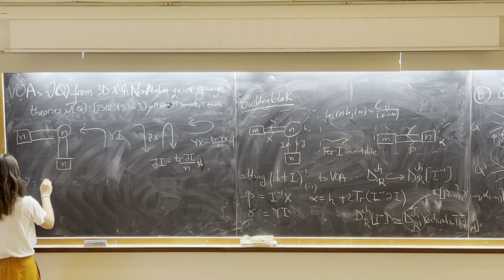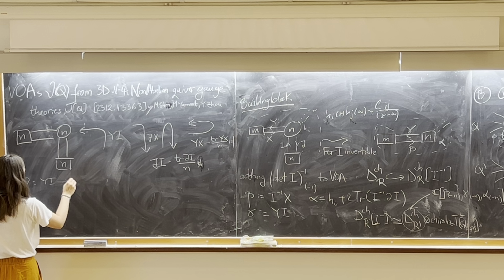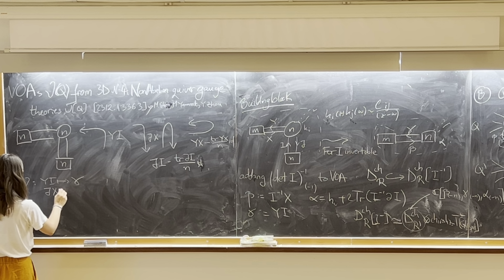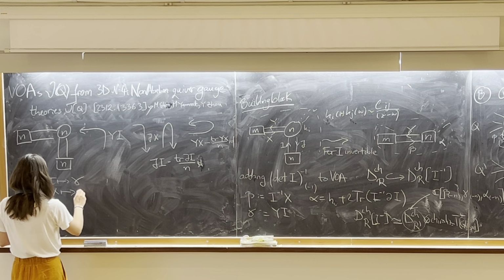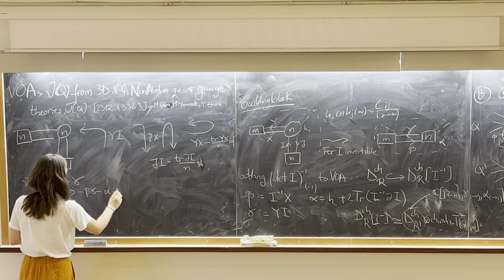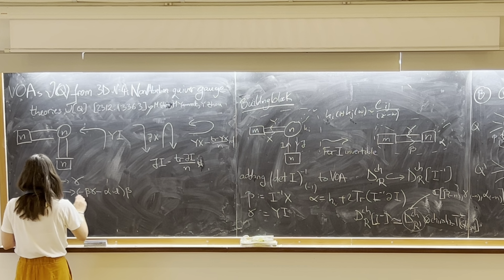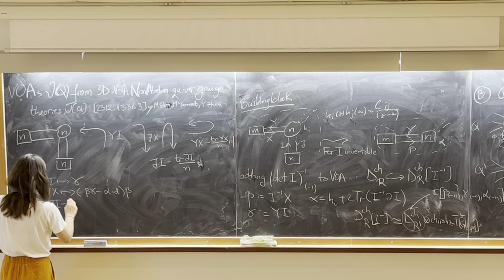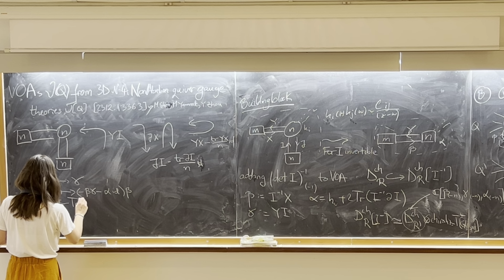And now the map mu will send YI to gamma. JX will be minus beta gamma minus alpha times the identity. YI, just give me a second here.